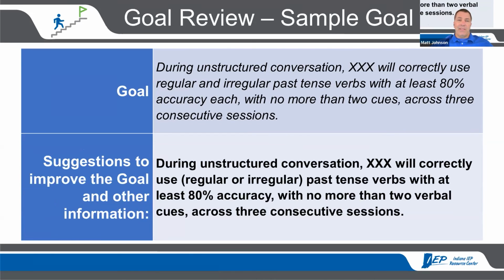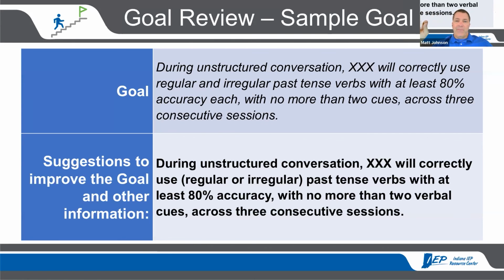So technically, to make this truly measurable, I'd have to put a framework on when I'm going to observe this. Is it during a particular class period, during recess, during lunch, between classes, before school, after school? I want to spell that out here, so I don't have to follow this student around all day long to track all their unstructured conversations.